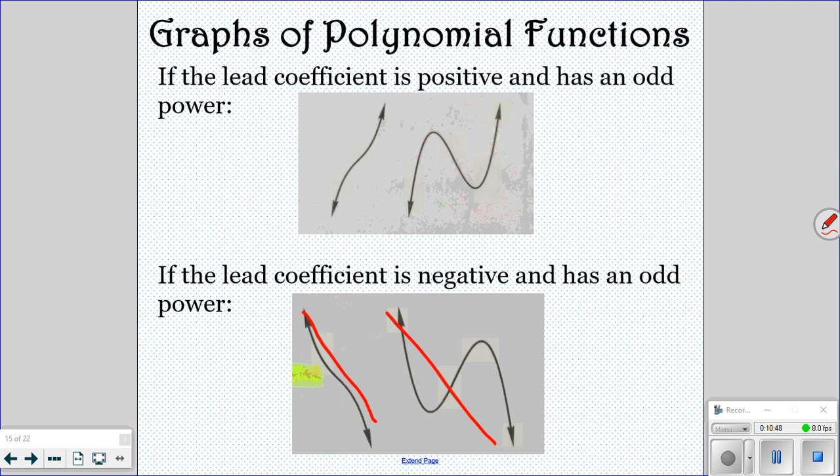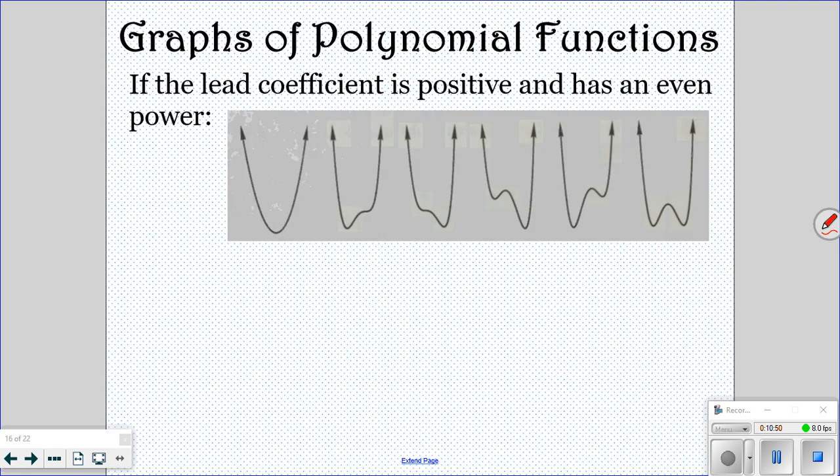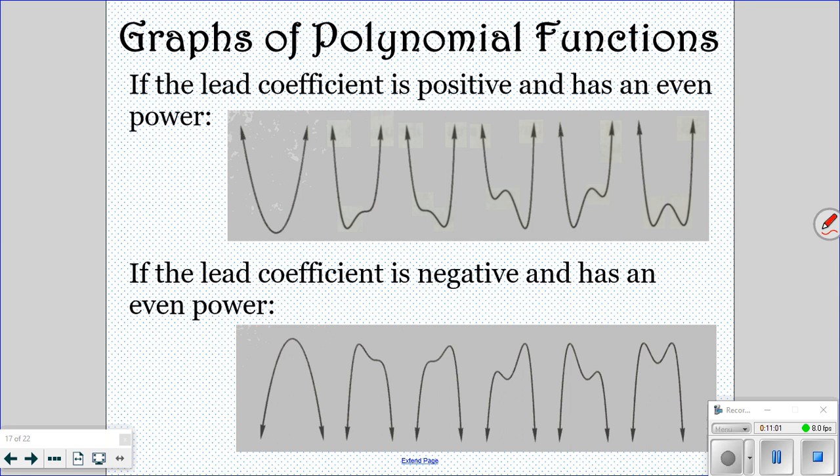Okay? If your lead coefficient is positive and has an even power, it's going to look like your parabola, and they're both going to be going up. And if it's negative and has an even power, they're both going to be pointing down, still like a negative parabola. So those are the basic rules that you need to learn for graphs of polynomial functions.